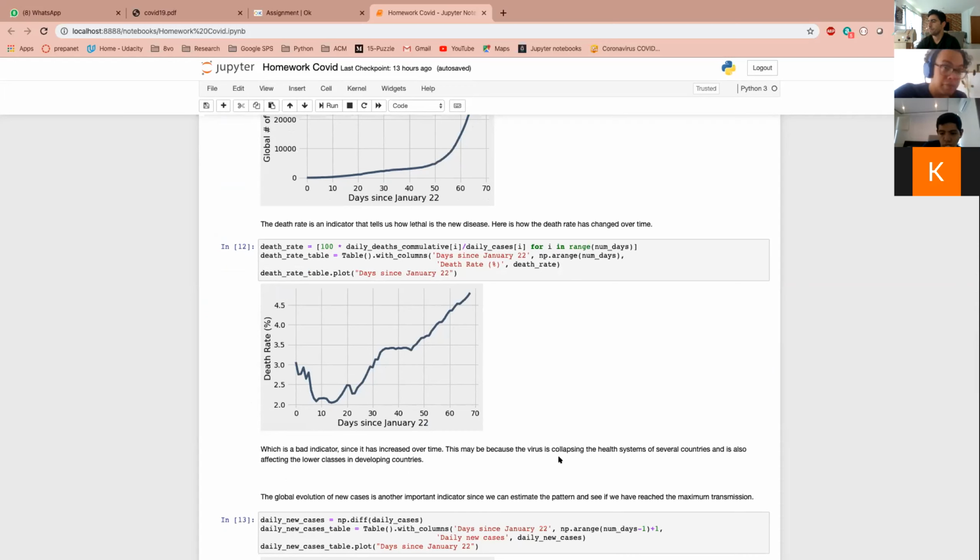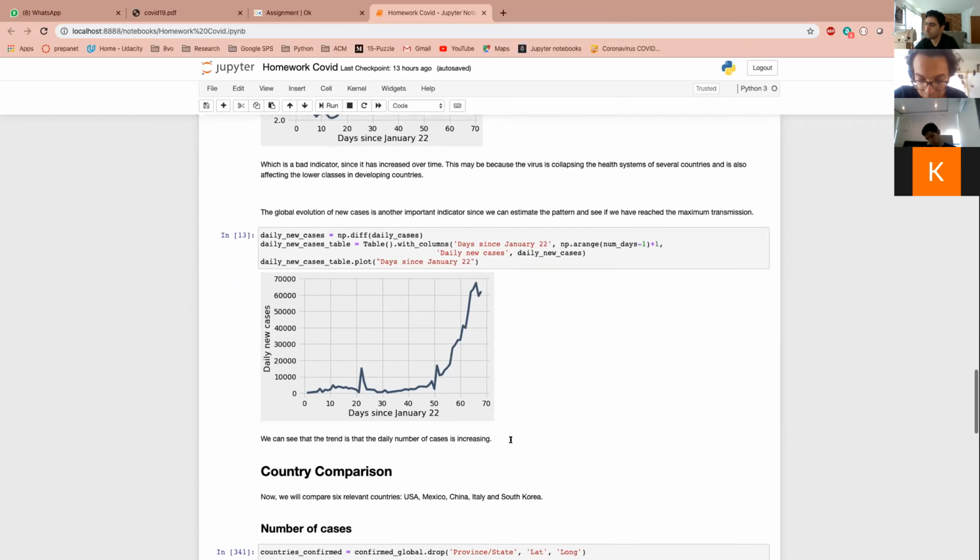The first one is that the virus is collapsing the health systems in several countries, and the other explanation may be that the actual number of infected people is quite a bit higher than we thought, and that's why we think the death rate is around 4.5%, but that's because we are not counting the total number of cases.